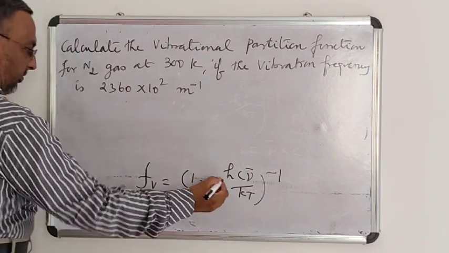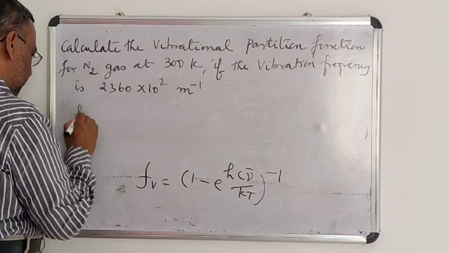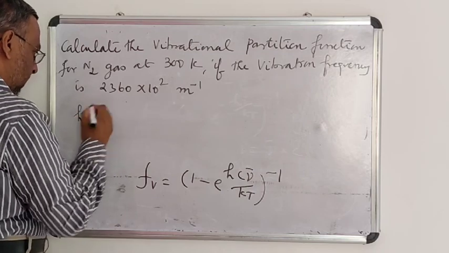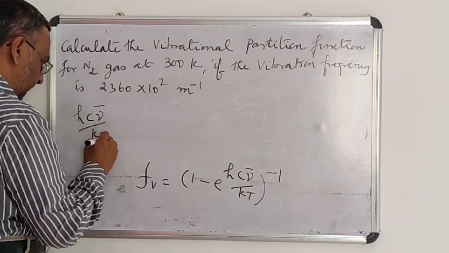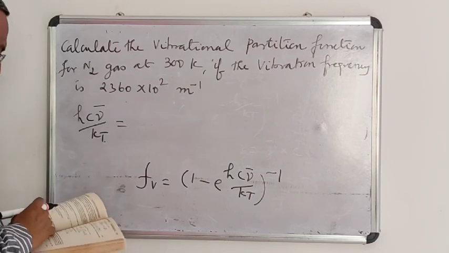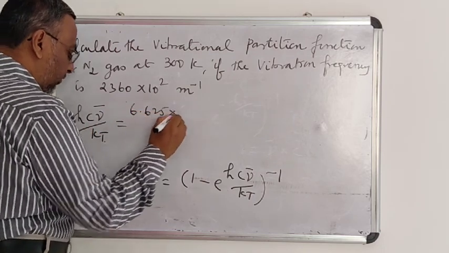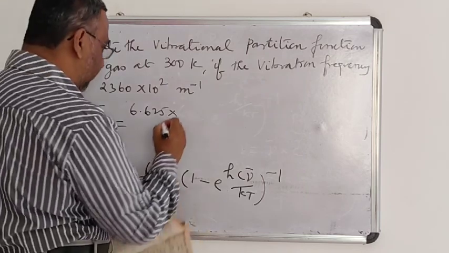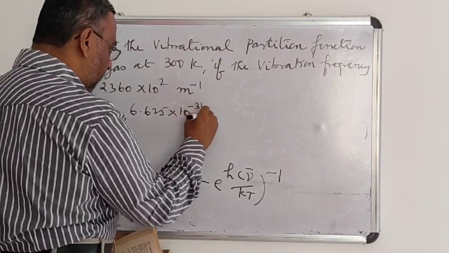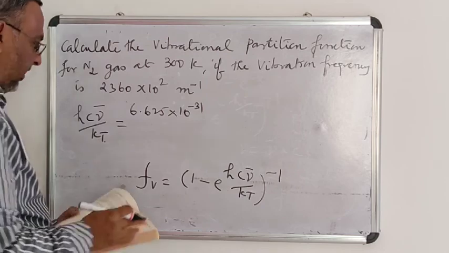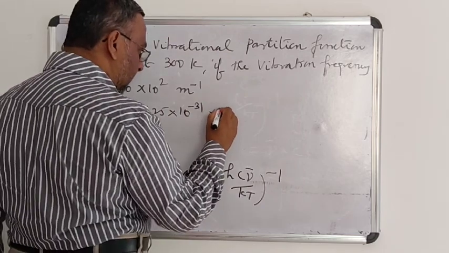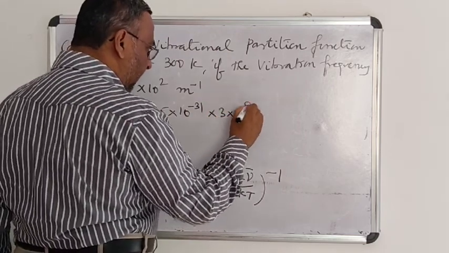First I find the value of h c nu bar divided by kT. What is h? This is Planck's constant, 6.625 into 10 to the power minus 34. And c is the velocity of light, 3 into 10 to the power of 8.